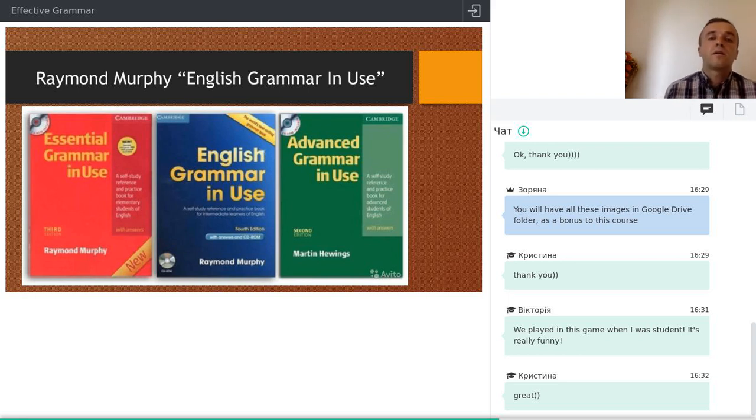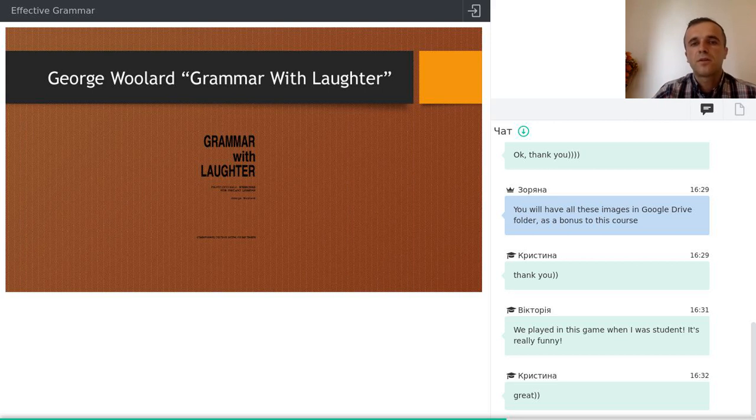You can use Advanced Grammar in Use by Martin Hughes, but frankly speaking, this book is extremely complicated. There are not so many students who really can do the exercises from this book. Maybe this book is rather for teachers than for students.